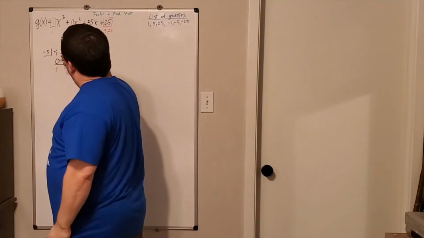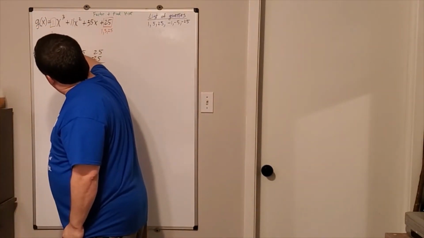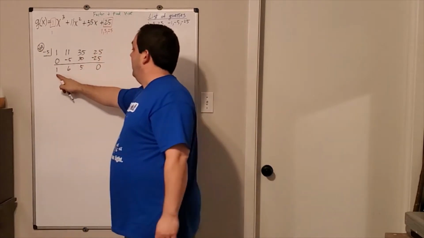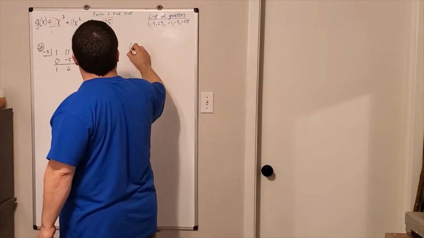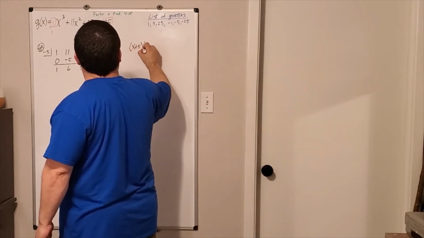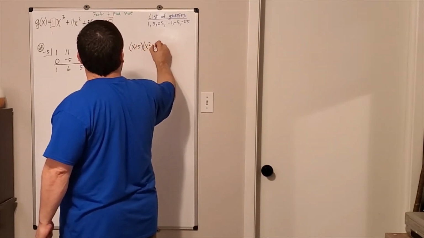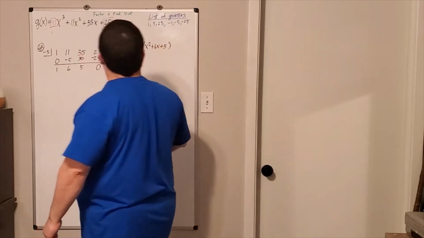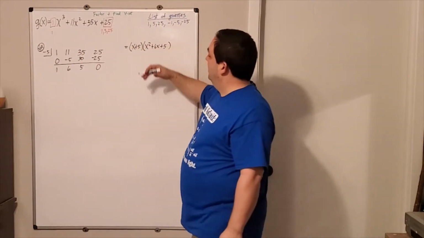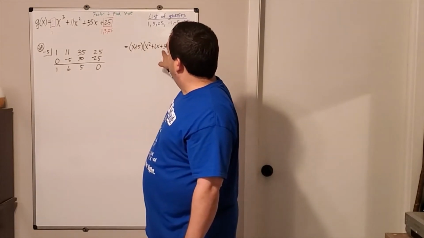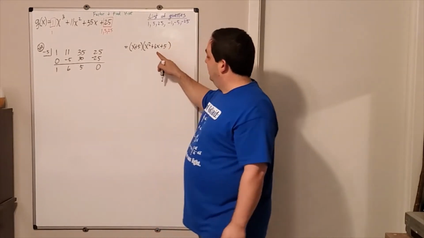The -5 here represents x plus 5, right? And then I've got x squared, 6x, and 5. So right now, this is where we're at in our factorization. I can still factor this further, okay?